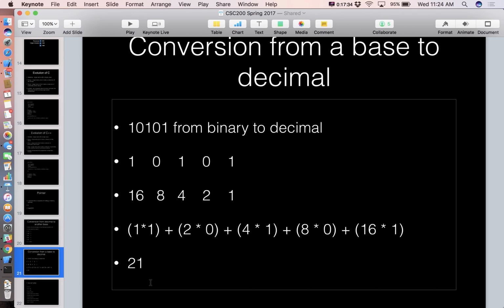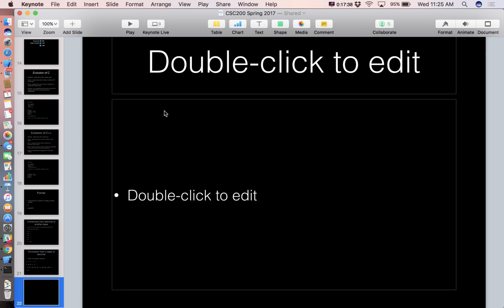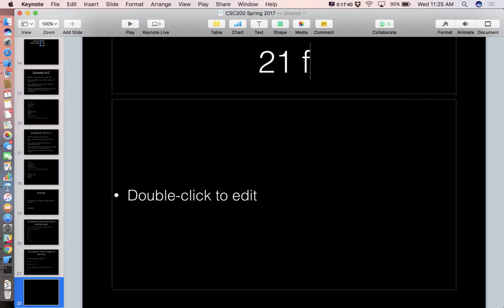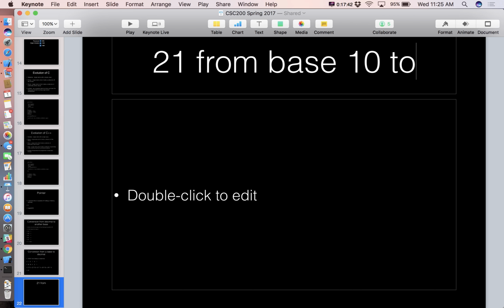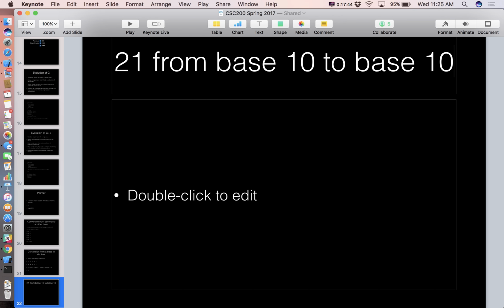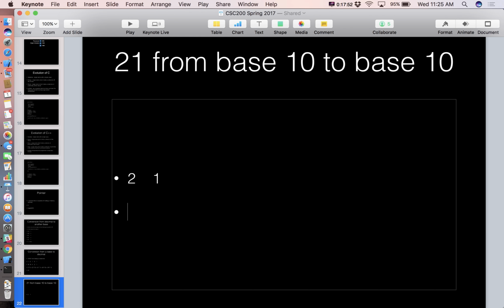Now, I said we've been doing this our whole life, because what if I said I want to convert 21 from base 10 to base 10? So here's our 2. There's our 1. This is the 10s place. This is the 1s place.